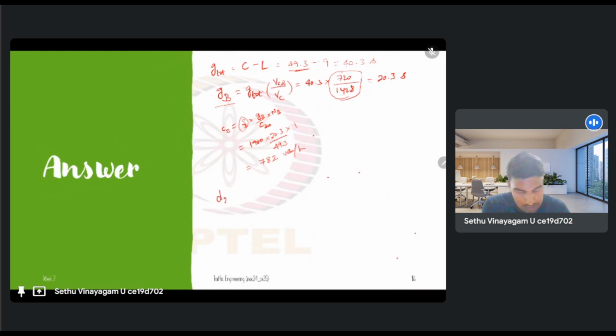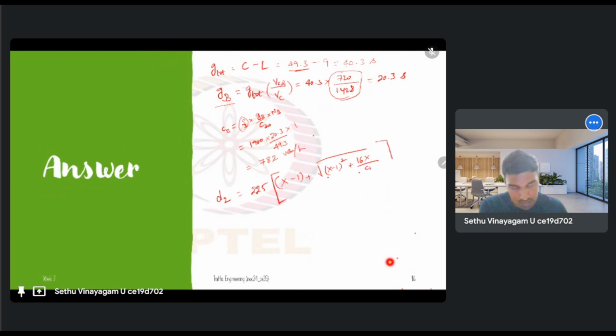So in the incremental delay component D2, the formula is 225 times, okay, so x is again the v by c ratio, so x minus 1 plus the square root of x minus 1 the whole square plus 16 times x divided by C for that phase.